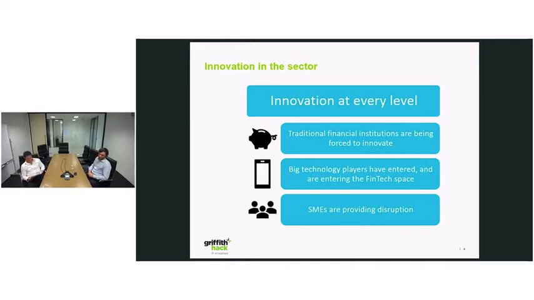We also are seeing big technology players have come into the fintech space, people like Google and Apple, Amazon, who are bringing their technical expertise, especially in computer science, into this space. And then we're also seeing small medium enterprises sprouting up who are really providing a disruptive factor that's pushing along innovation in this field.